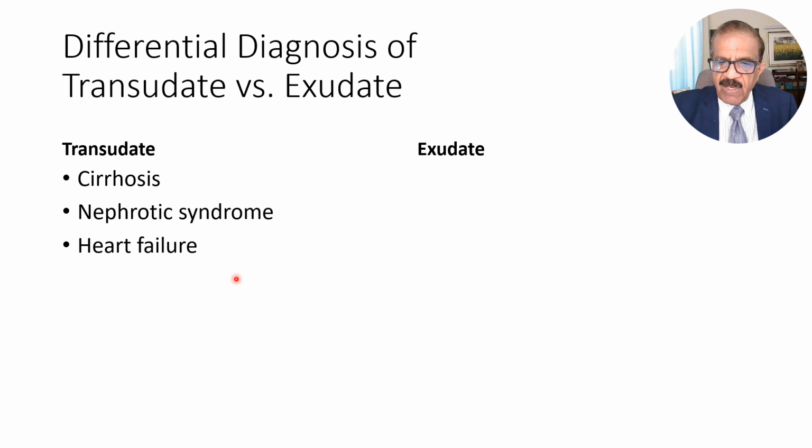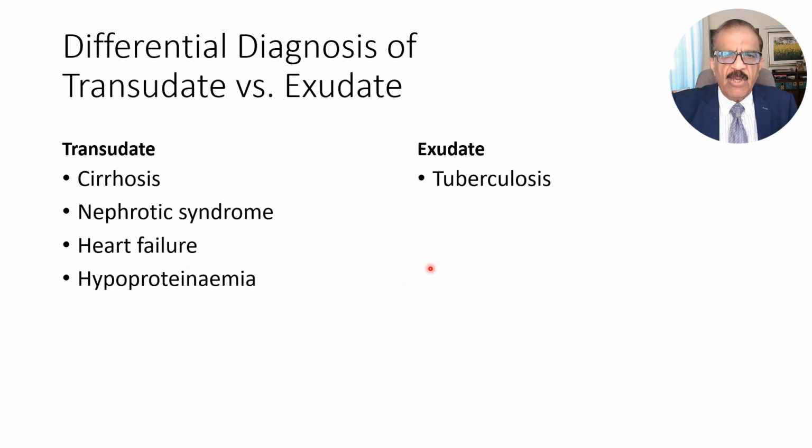And in heart failure, again, there is increased hydrostatic pressure in the capillaries that pushes fluid outside the capillaries, so you will have transudate. So these are three classical examples of transudate. Then hypoproteinemia also.